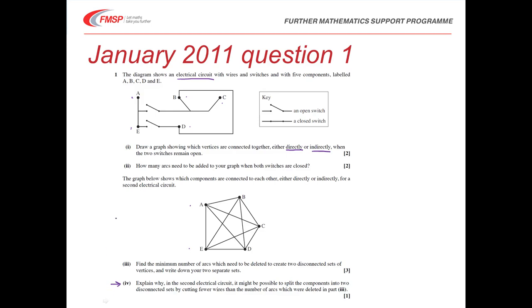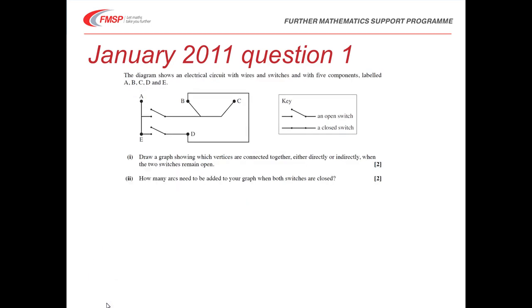Now the questions are repeated on the upcoming slides, so let's do this in parts. First of all, draw a graph showing which vertices are connected. Okay, well, I've got A, I can see that that's connected directly to E. Then I have the other vertices B, C and D, and I've already checked out that directly or indirectly, in terms of an electrical circuit, you can make contact from B to C, C to D and B to D. So there we go.